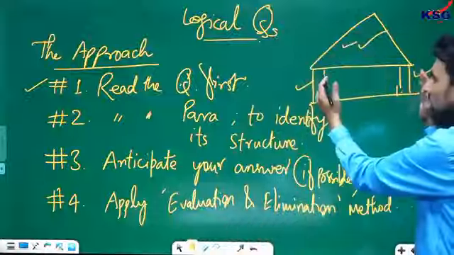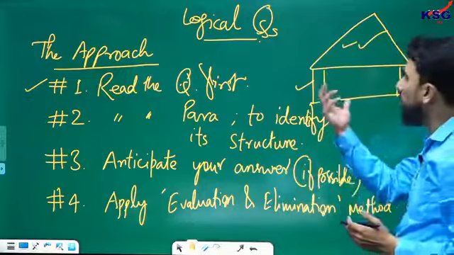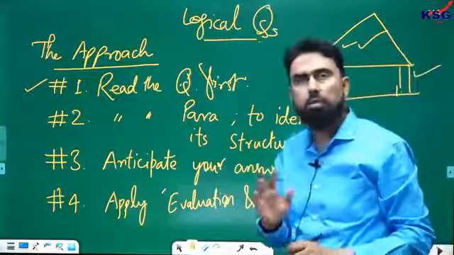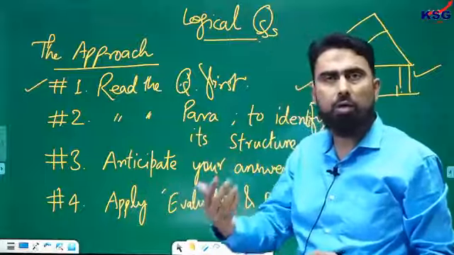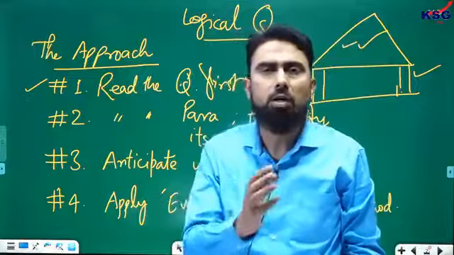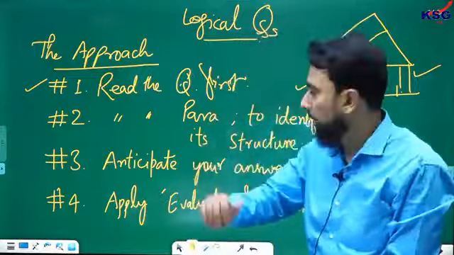So the pillars, the job of the pillar will be done by the premises or the facts, data used by the author, and the main point then will be established. So you need to identify the very structure of the passage. Where is the main point, what are the premises, the data, we also call it premise. So premise is that evidence or the reason that the author used to establish his main point.